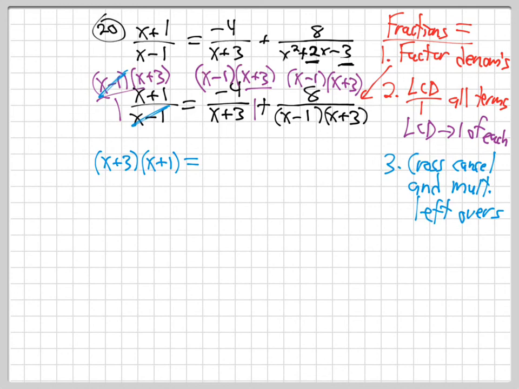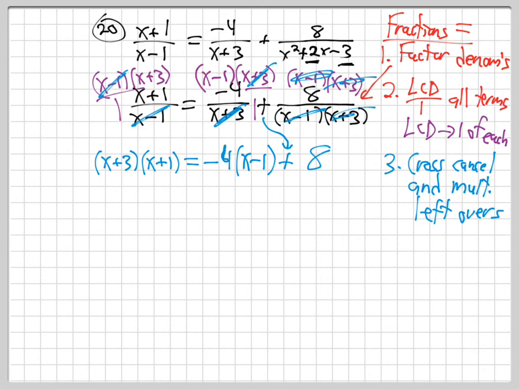Everybody see that? And then in the middle, x plus 3 cancels x plus 3. And we have minus 4 times x minus 1. Plus, don't forget that plus sign in the middle there. And then these both cancel, don't they? It's just 8. That's nice.